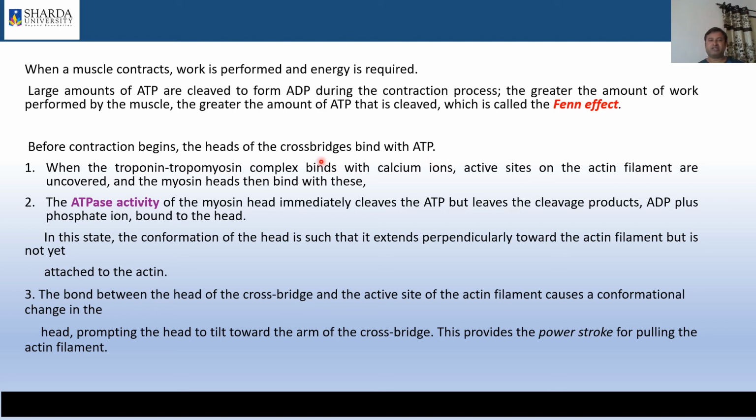In the second step, the tropomyosin-troponin complex binds with the calcium ion, and the active sites of the actin filament are uncovered. In the third step, the cross bridge interacts with the active site of the actin filament. As a result, a power stroke occurs, ATP is broken down, and the myosin head tilts.